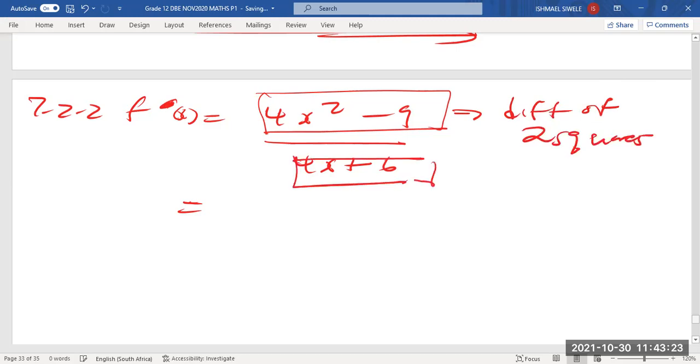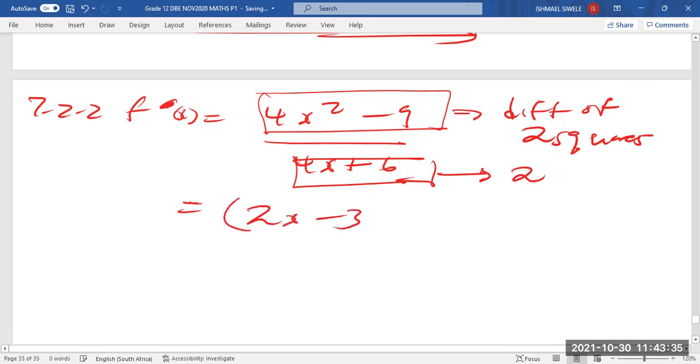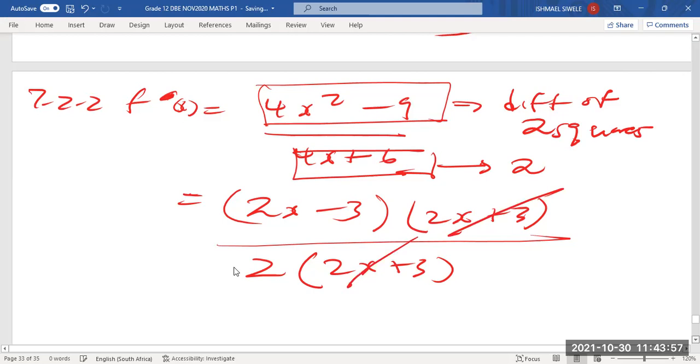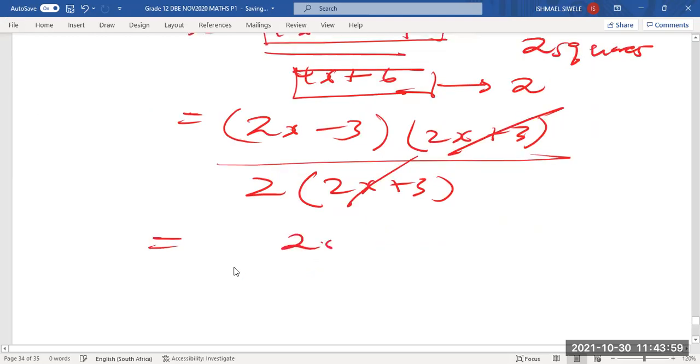And in this one here, you can factor out the 2. So by that, what do I mean? Because it is a difference of 2 squares, it means we're going to have 2x minus 3 and 2x plus 3. And when you factor out 2 on the denominator, we're going to have 2x plus 3. So you see, it is now in the easiest form. This one here is going to take care of this one here, and then we're going to have 2x minus 3 all over 2.